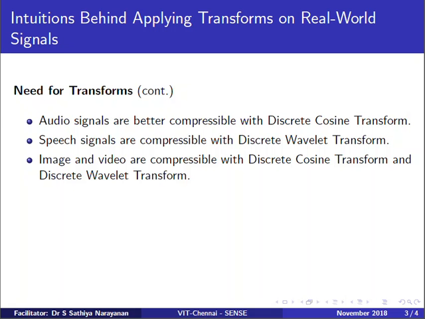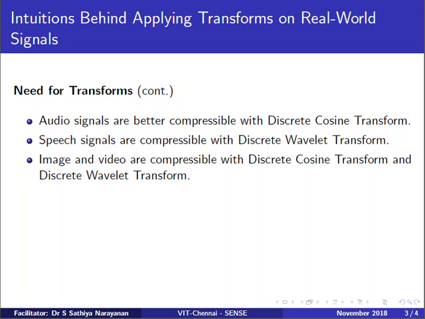Let's suppose it is subjected to a discrete cosine transform. It is basically a 2D discrete cosine transform. We will get 8 cross 8 transform coefficients. In that 8 cross 8, the first 2 cross 2, four coefficients, will contain most of the signal information, say about 90% of the image information.